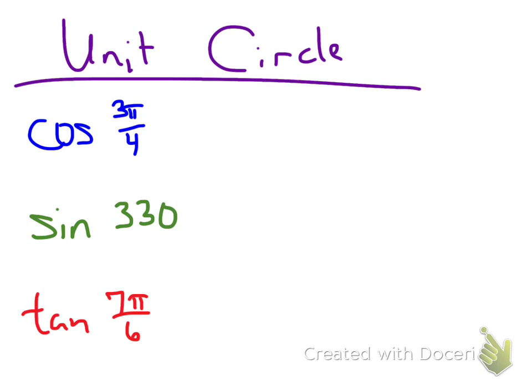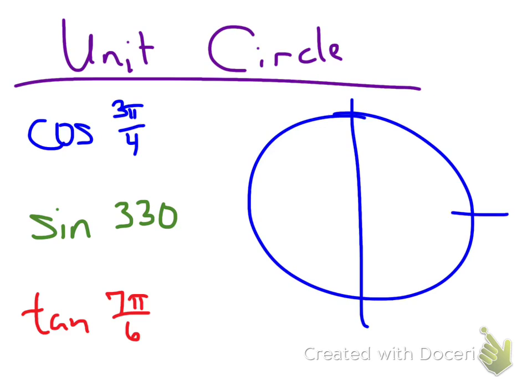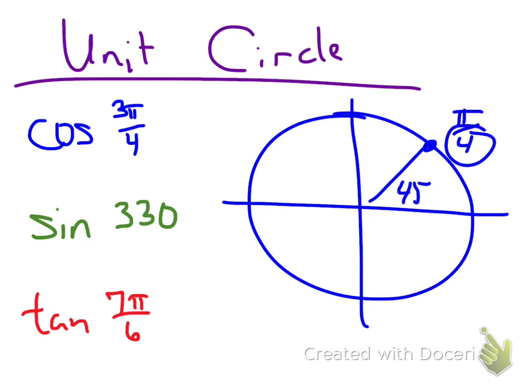So with the first one, if I have cosine of 3 pi over 4, first of all, I want to look at the unit circle, and I want to locate where 3 pi over 4 is. Pi over 4 is right here. That's our reference angle, a 45-degree angle. That means if I have a denominator of 4, 180 degrees, or 1 pi, is actually 4 pi over 4.